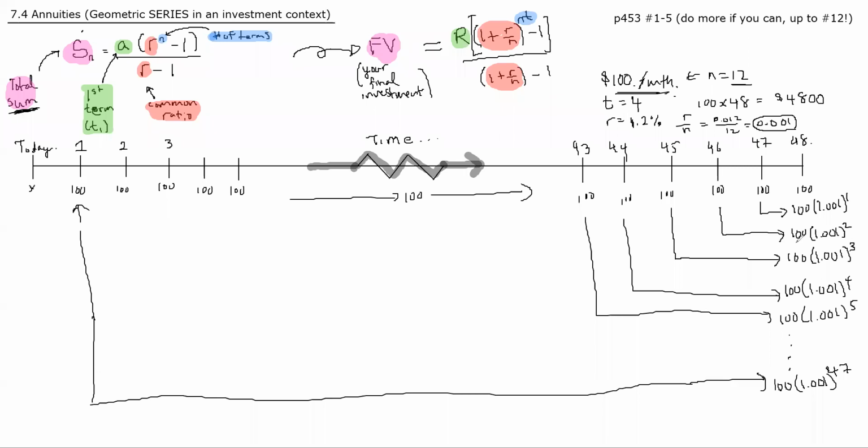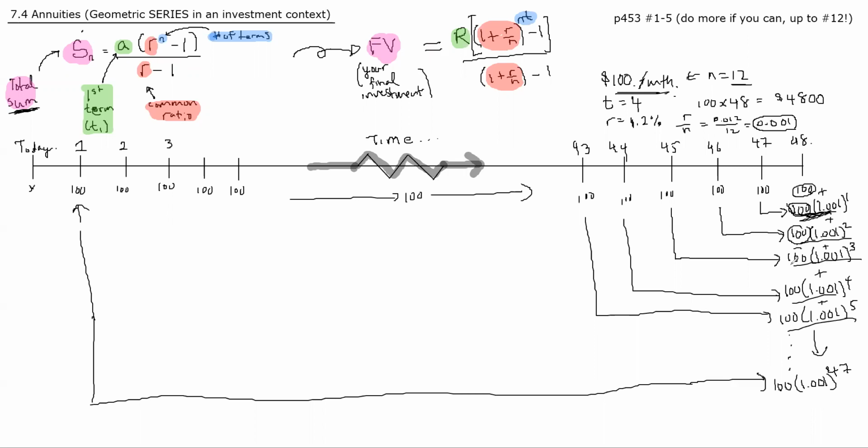Am I looking at one number? No, I'm looking at this $100 plus this much plus all that plus all that plus all that. Because all of this is still in my bank account. It's constantly gaining money. So this is not a geometric sequence. It's a geometric series. What is the first number?